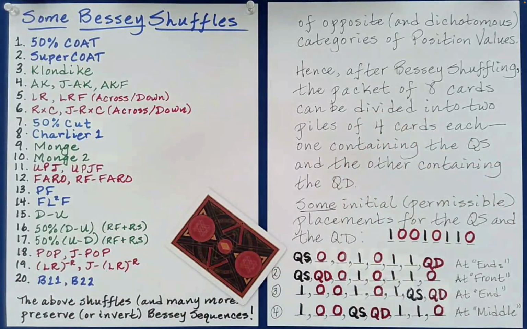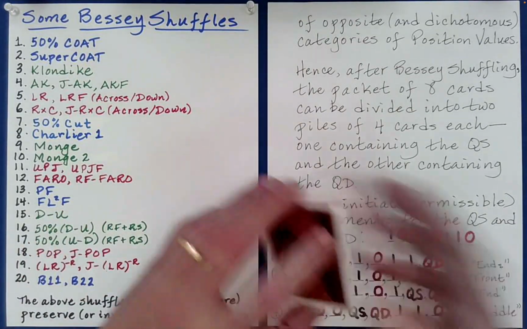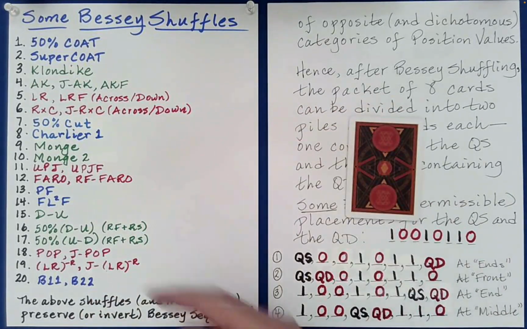In some sense, you can justify this by saying that we're going to prove that these two cards do not like each other. And in fact, they'll end up being separated in the end, despite random choices made by the spectator.